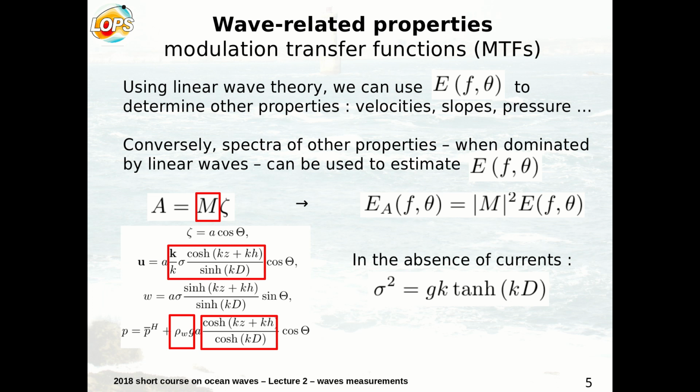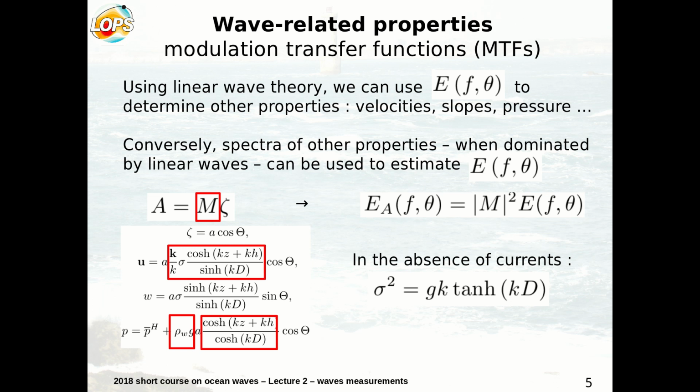And in this framework with linear, irrotational waves on a flat bottom, one of the nice things is that if you're measuring any of the properties of the waves, there's a link with other properties. For example, if your wave quantity, I call it A, is some function m times the surface elevation, then the spectrum of that quantity, could be velocity, could be pressure, could be anything, is just this function squared times the spectrum of the surface elevation.